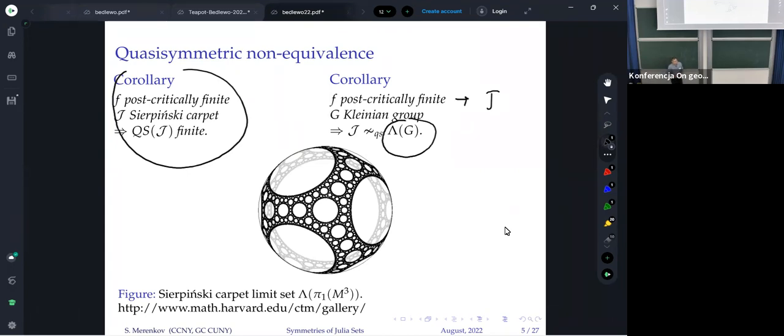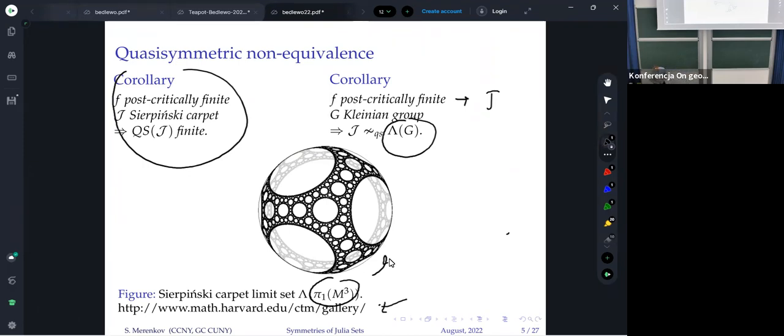Okay, so there's a whole infinite group action on it, and this picture was taken from Curt McMullen's page. He has a gallery. Here, this is a limit set of a certain fundamental group of convex compact hyperbolic manifolds with totally geodesic boundary, whatever that means, I'm not going to go into detail.